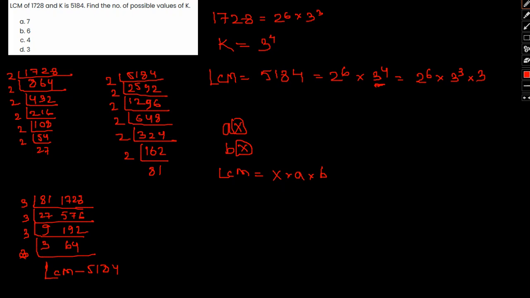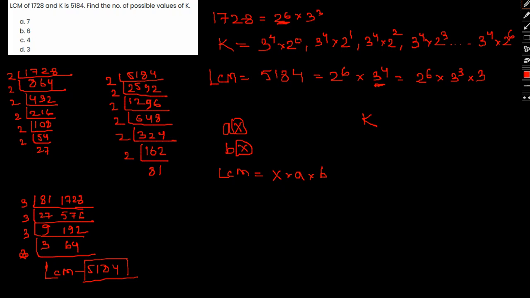Since 3 to the power 4 will be there, the only variance we'll see is with respect to the power of 2. 3 to the power 4 into 2 to the power 0 also gives us 5184. Similarly 3 to the power 4 into 2 to the power 1, 2 squared, 2 cube, 2 to the 4, 2 to the 5, and 2 to the power 6 will all give the same LCM.